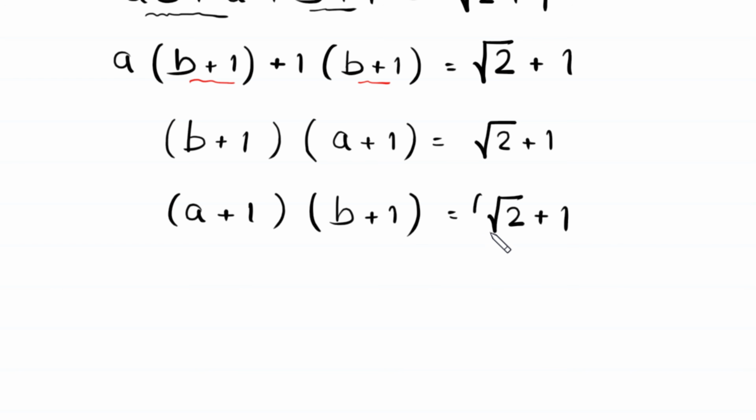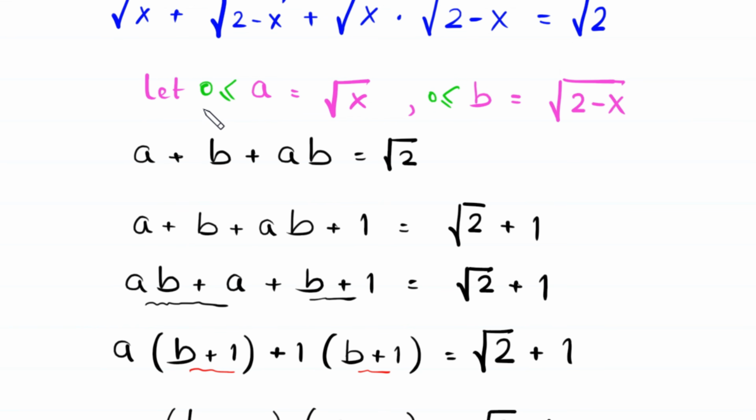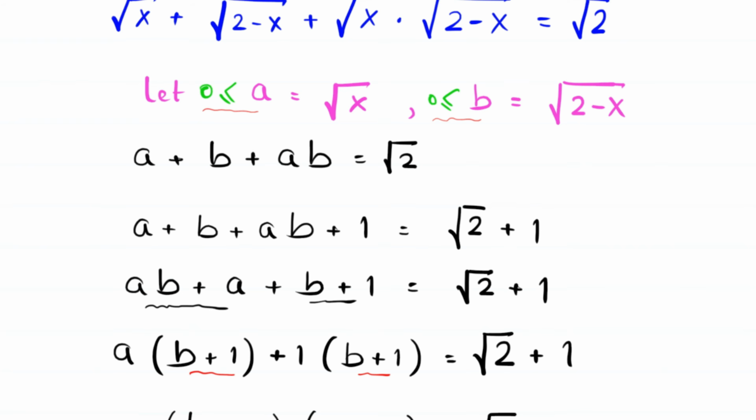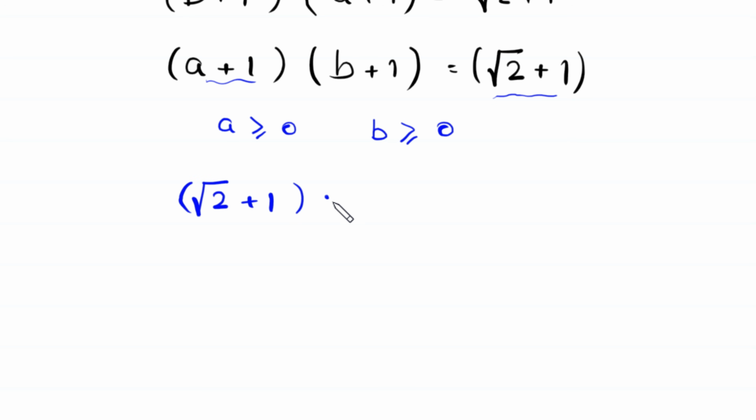Now as we proved earlier, a is greater than or equal to 0 and b is greater than or equal to 0, so this root 2 plus 1 can be factorized as root 2 plus 1 times 1 and 1 times root 2 plus 1.